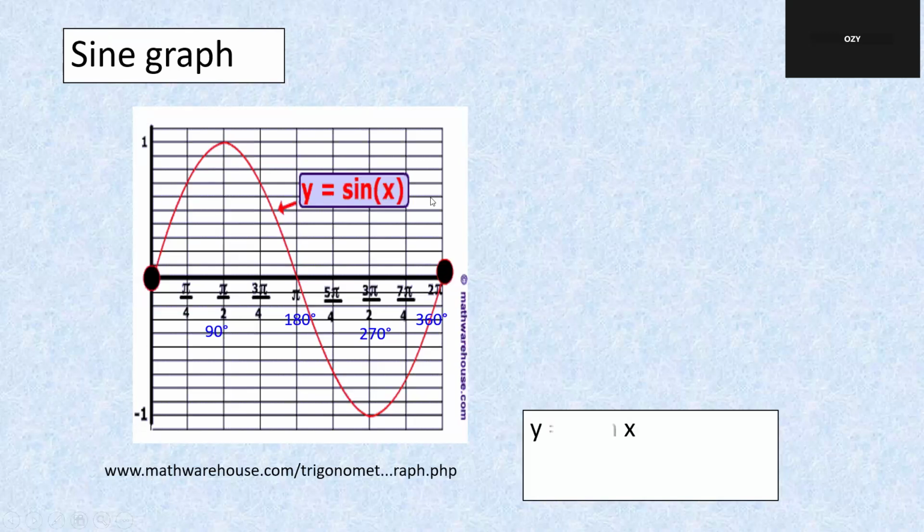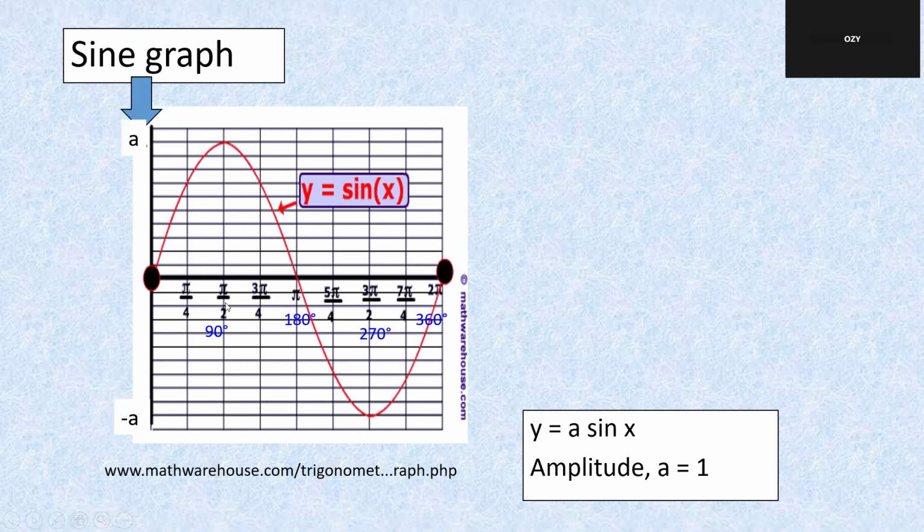There's a sine curve. You need to know radians. y equals a sine theta, or sine x, with amplitude a. In this case, the amplitude is 1. If you don't want 1, you can put a there, and this is minus a.